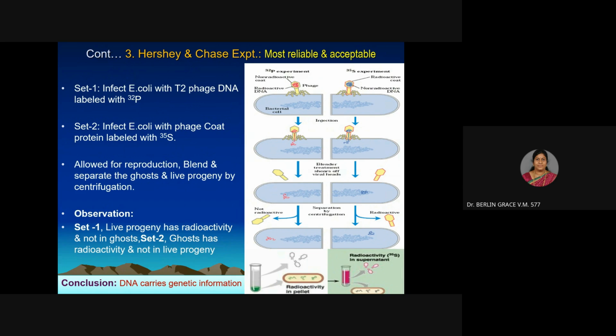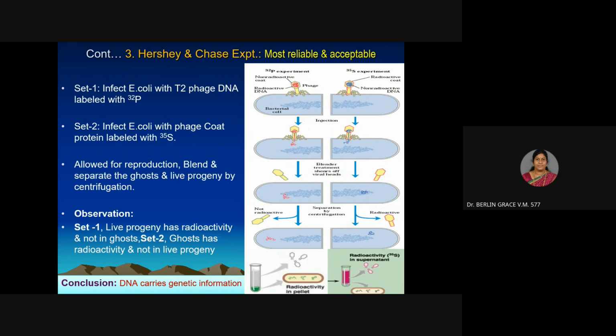In the set where the DNA is radio labeled, that DNA entered into the cells and lysed the cells, and when they separated the virions by centrifugation, they found the radioactivity at the bottom where the live virus is. Whereas in the other set, the protein was radio labeled, the DNA was not.